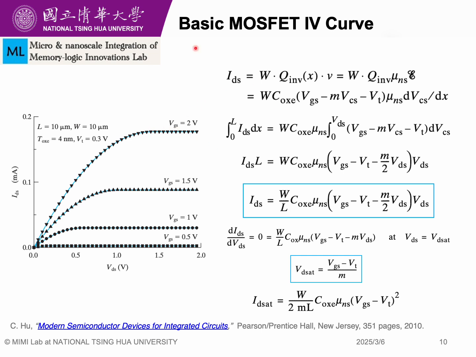Despite the pinch-off, the current continues to flow, because the electrons reaching the pinch-off region are swept down the steep potential drop.